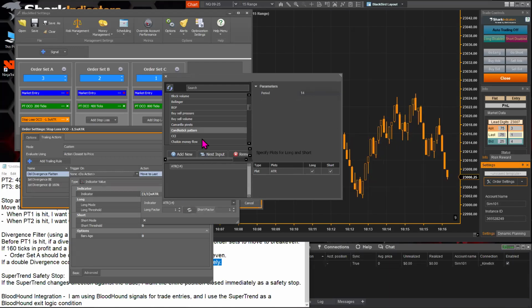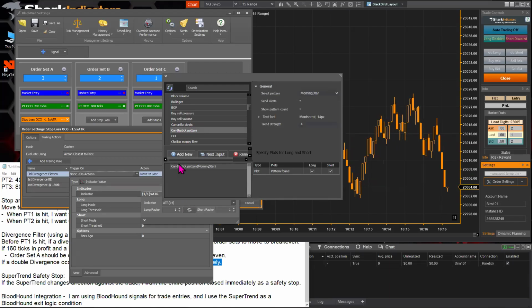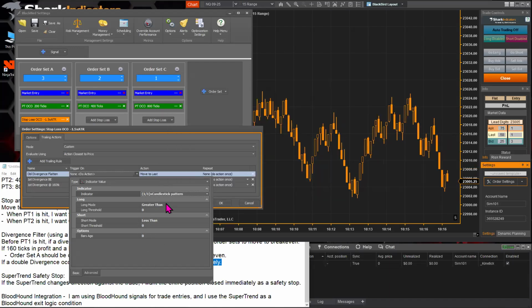I'll throw in the candlestick pattern again, and then switch the modes around.